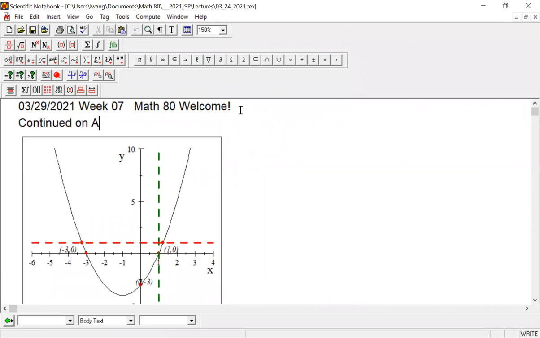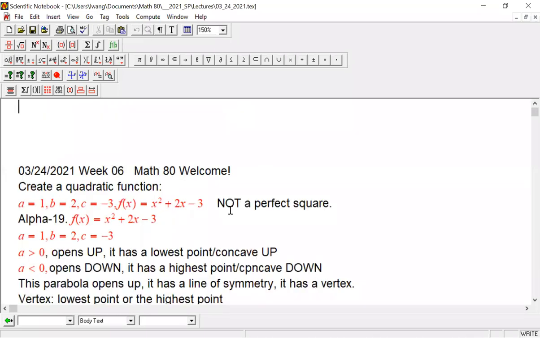Okay, on alpha, number 19, from question number 15.